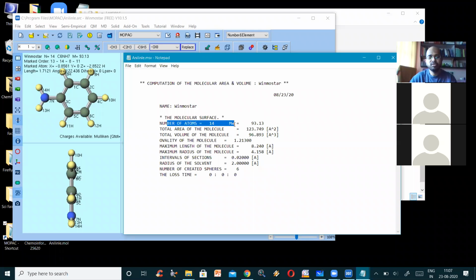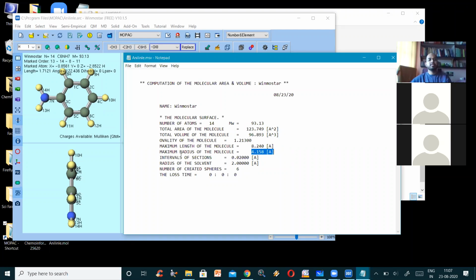You see the number of atoms, 14, molecular weight, total area of the molecule in angstrom squared is given, and volume is given in angstrom cubed. And maximum length of the molecule is given. This is the length of the molecule. Maximum radius of the molecule is given. And this intervals of sections is not needed for you.